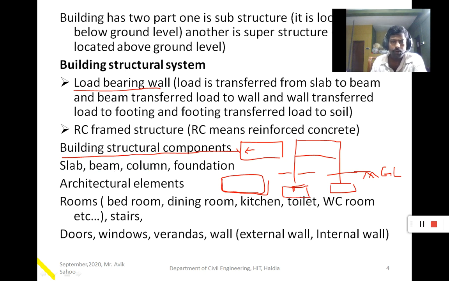This is a reinforced concrete member. So the slab transfers load to beam, then beam is supported on column. Column is a vertical member, then finally column transfers load to the foundation.